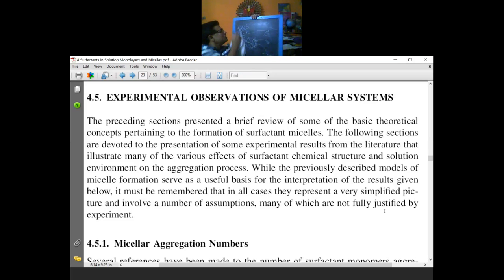Okay, now the next thing, the most convenient method in determining the micellar aggregation number, is fluorescence quenching. Fluorescence quenching technique. How?